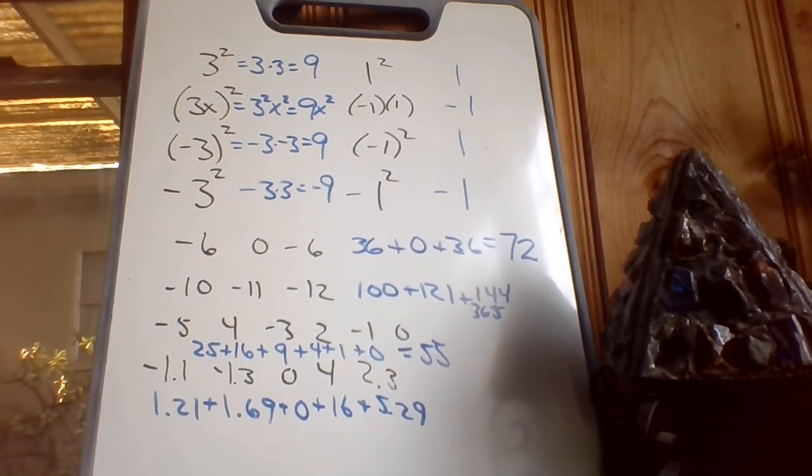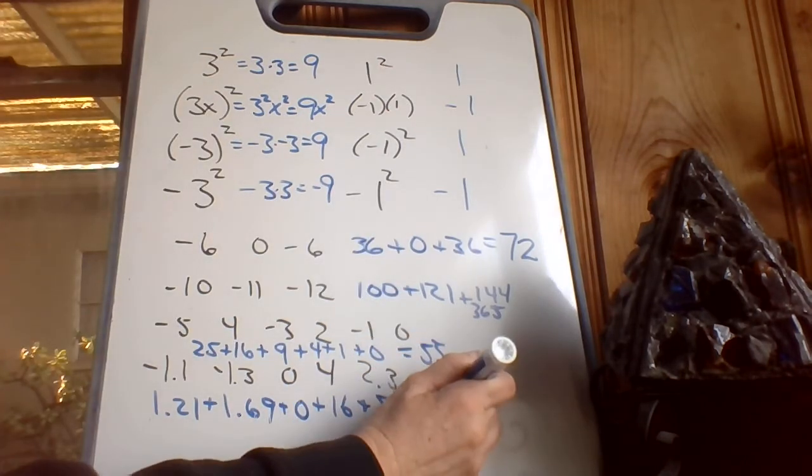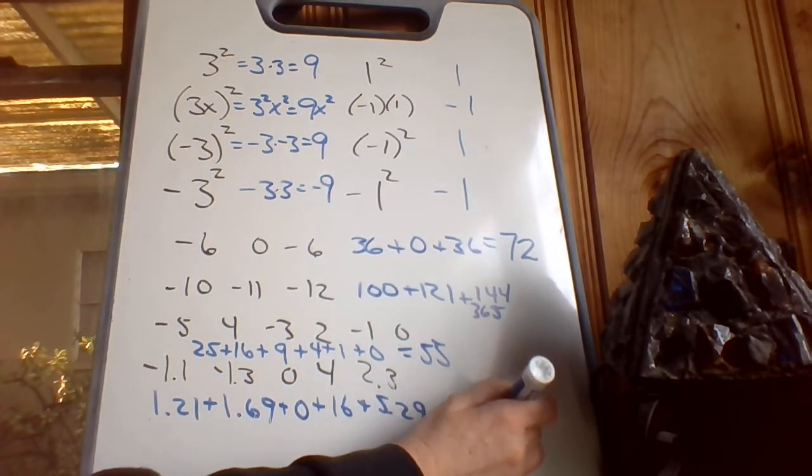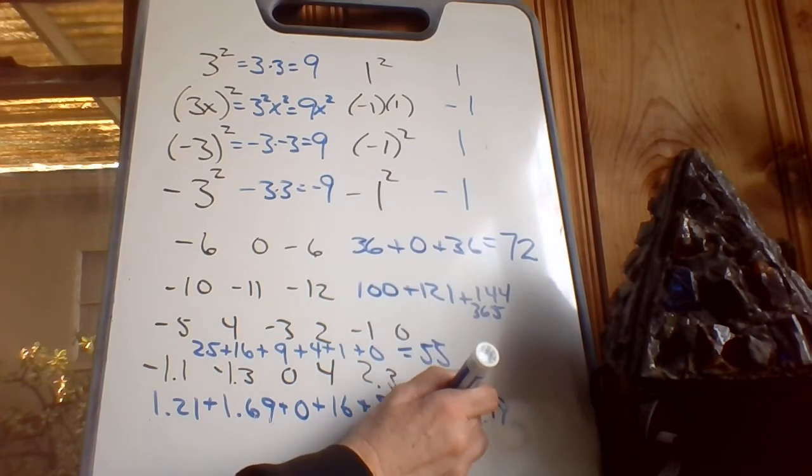So add them all together: 24.19. And that's how you do worksheet 8.